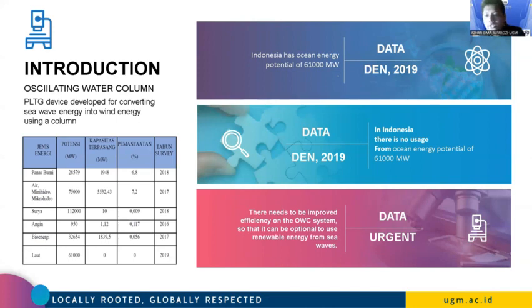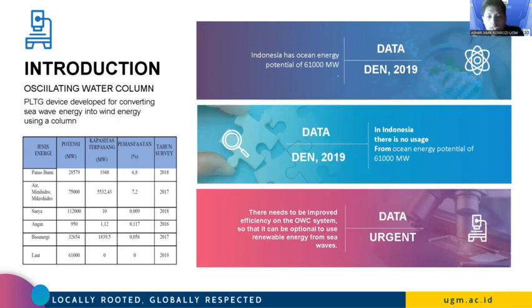It's quite large. However, with such a huge potential, the utilization of sea wave energy in Indonesia is still 0%. Sea energy development is costly, but the output is not sufficient, so it cannot be an option for the government from that point of view.